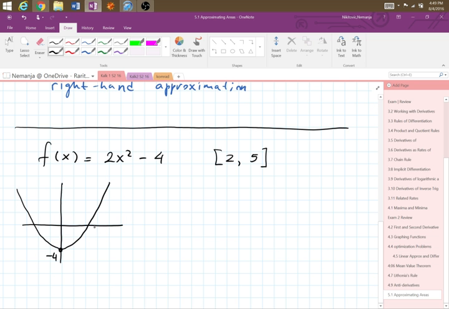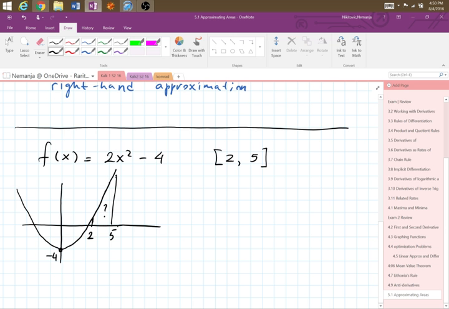Now, say that this is 2, and this is a little bit crooked, and this is 5. So we are asking what is the area of this piece.